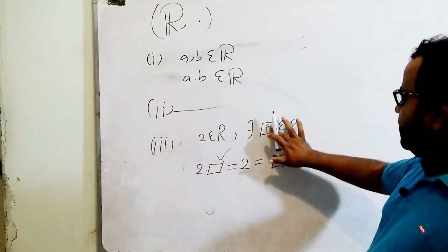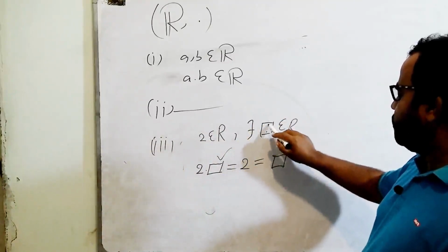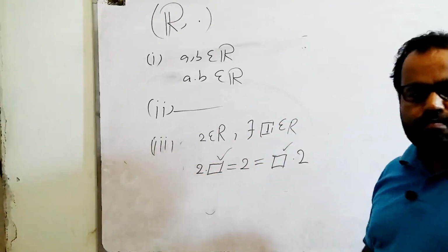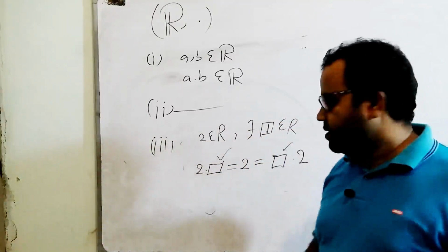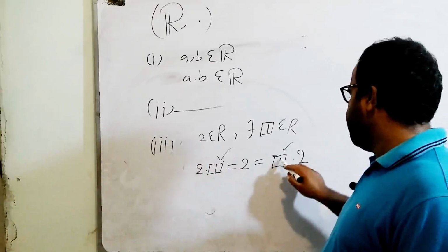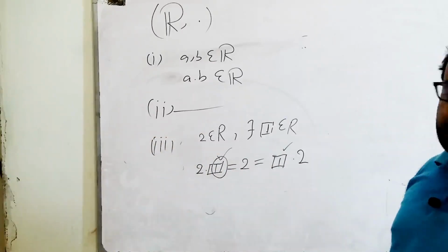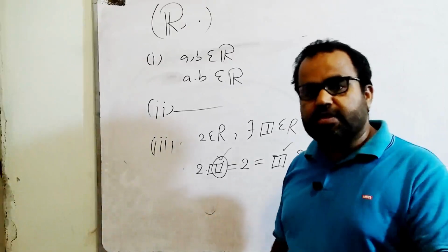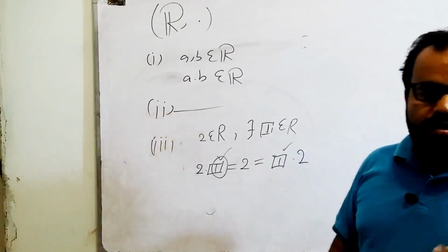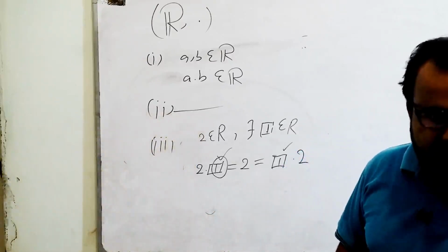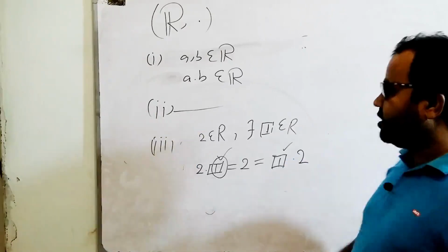Of course, that real number is 1. So 1 is the multiplicative identity over here. The third property is satisfied, and now we check the fourth property.